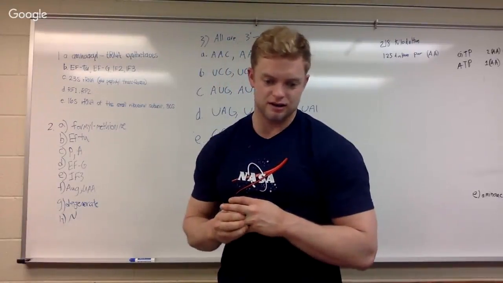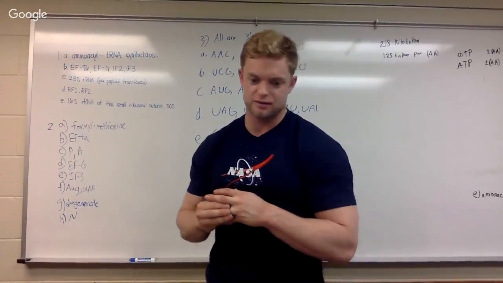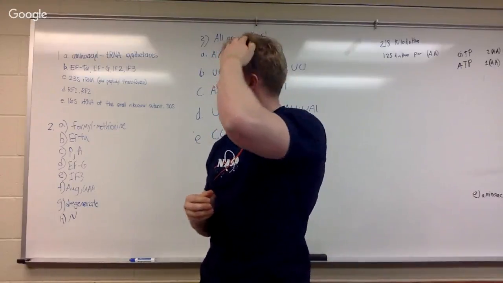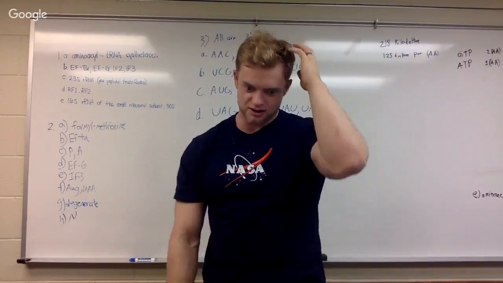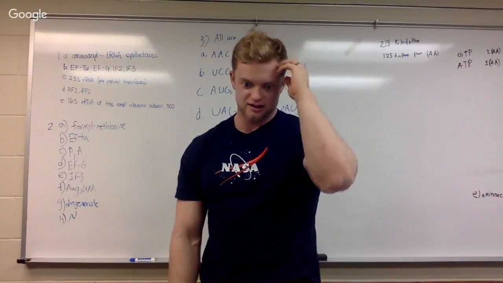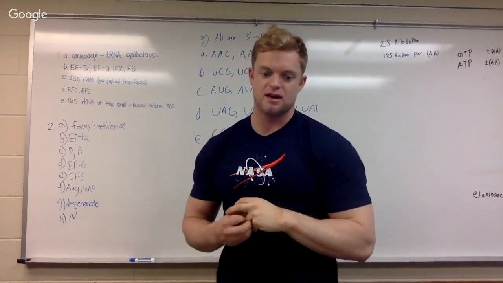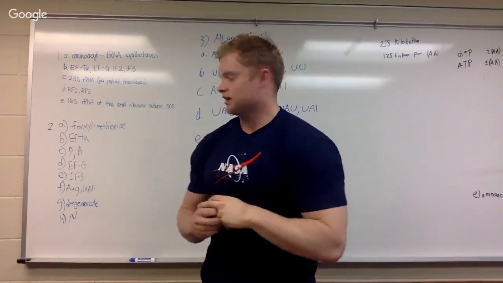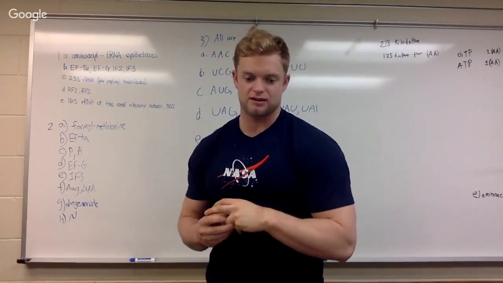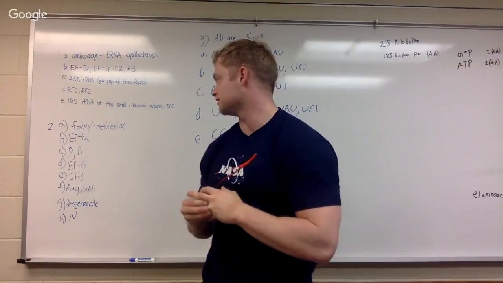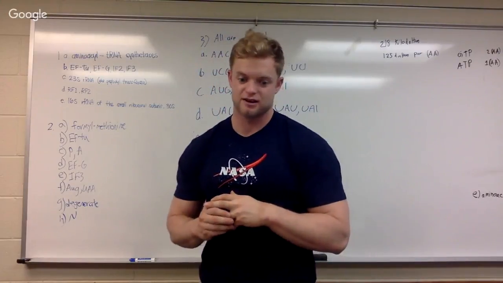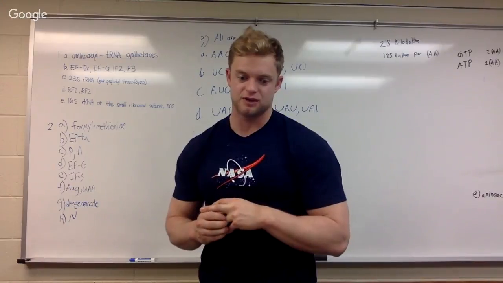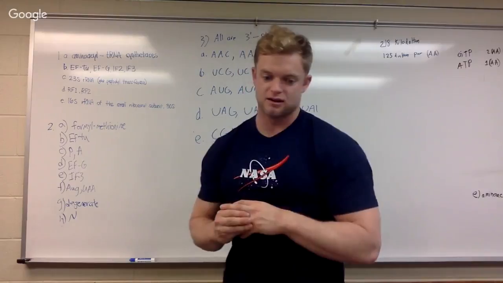Part C, the initiator tRNA binds to the P site of the ribosome, whereas the remaining charged tRNAs bind to the A site of the ribosome. Part D, blank, which is the EF-G, is a translation factor that helps the ribosome move 1 codon in the 3' direction along the mRNA strand.